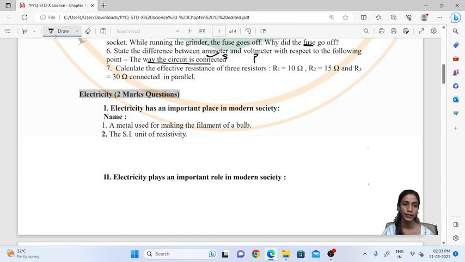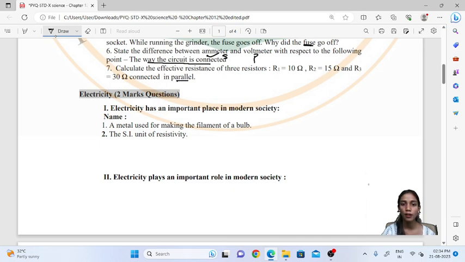Okay, yes. Now next is, calculate the effective resistance of the three resistors R1 equals 10 ohms, R2 equals 15 ohms and R3 equals 30 ohms connected in parallel. So first of all, parallel connection, so you have to apply the formula of parallel connection.